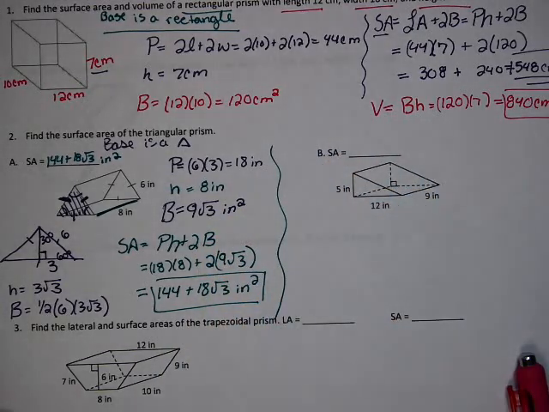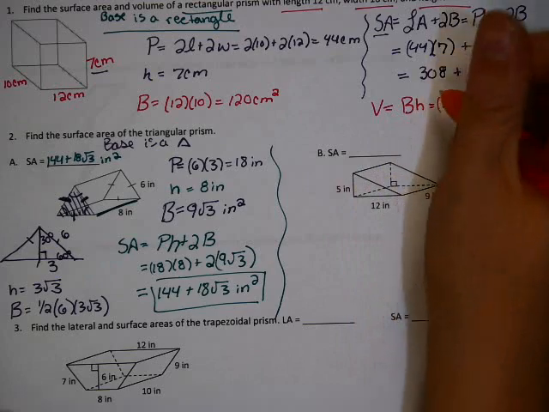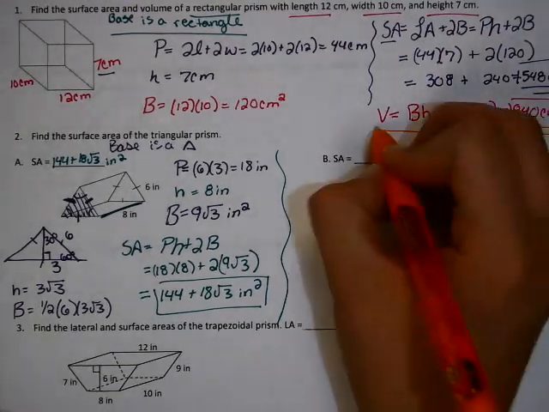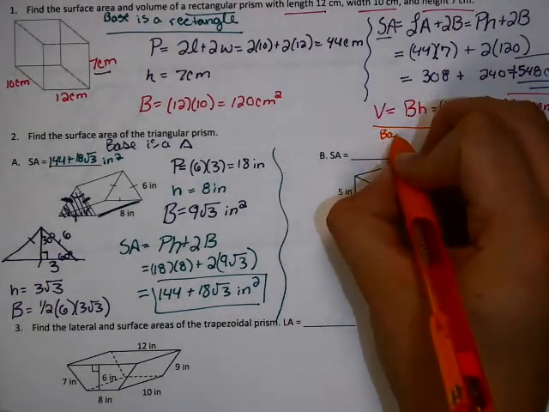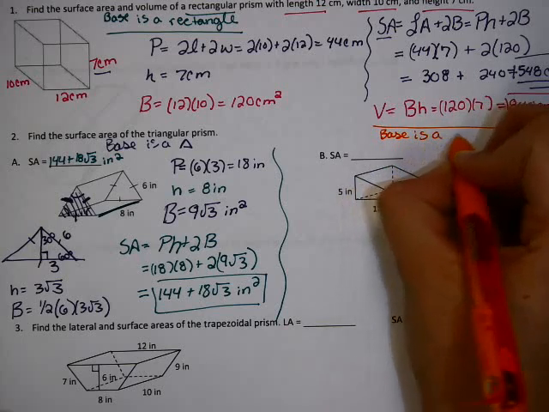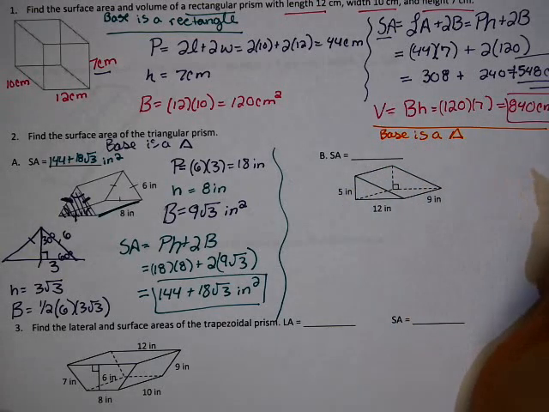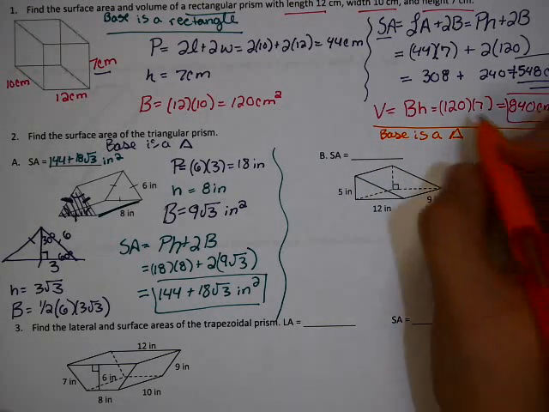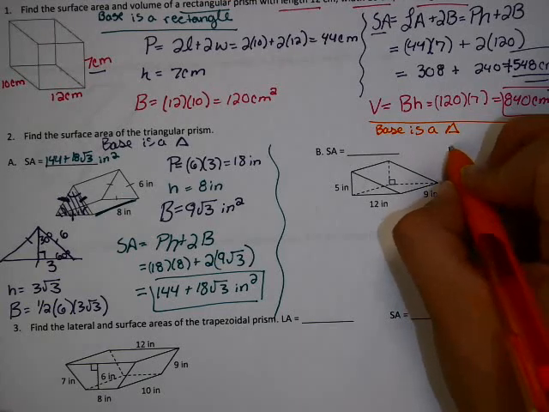All right, let's look at this triangle. So the base is a triangle. So we can actually find the perimeter.